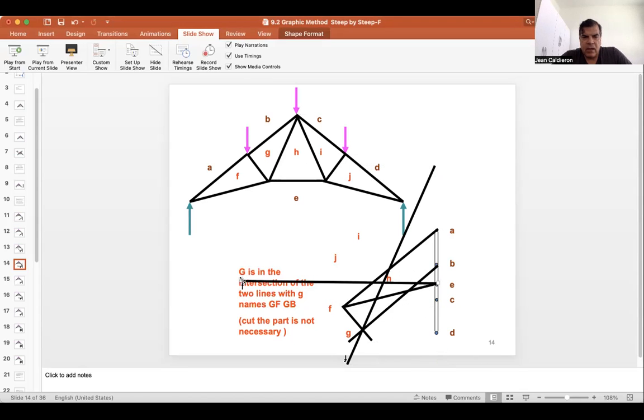I make it long, let me put it straight. And in the place where these two lines intersect, I have H. You see? Well, let's do it.